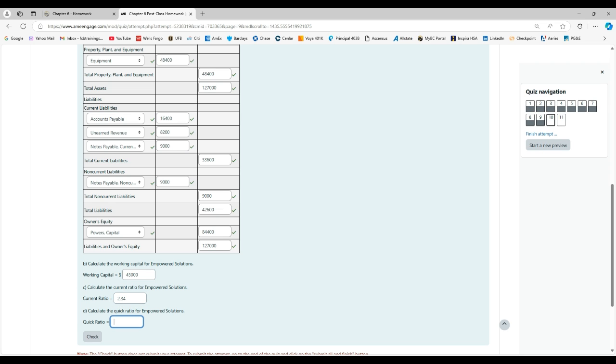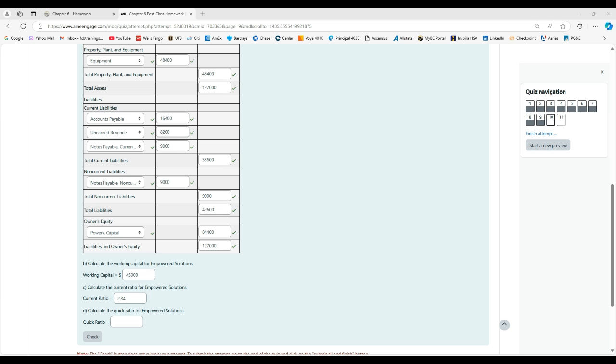And then the quick ratio is kind of a stricter definition of current assets, or quick assets, if you will.